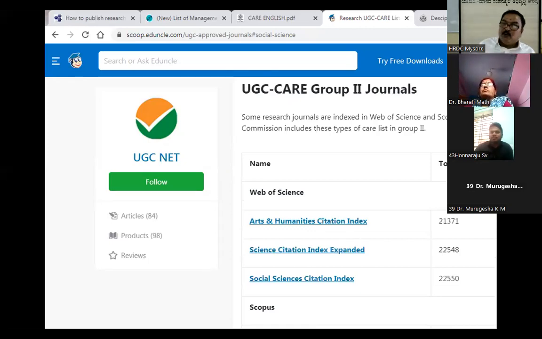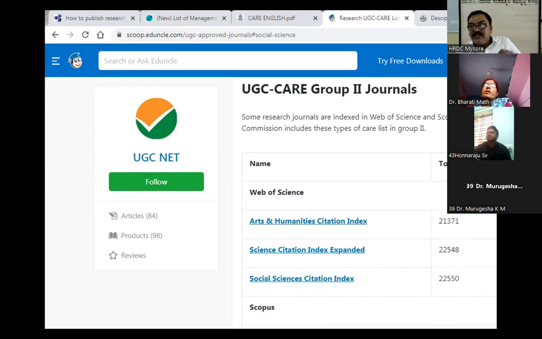Under the Group 2 journals, look at Web of Science and Scopus, how many journals are there? There are plenty, an ample number of journals where you can publish. The only thing is, you have to identify in which journal to publish.